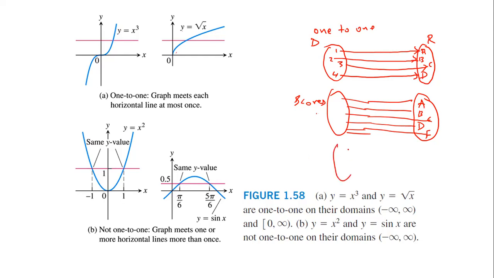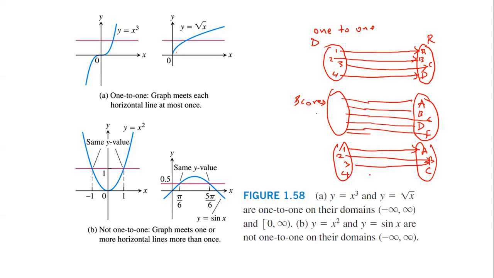Okay, if I have 1, 2, 3, 4, and I have here A, B, and let's say C, and I have this mapped over here, and this mapped over here, and this mapped over here.